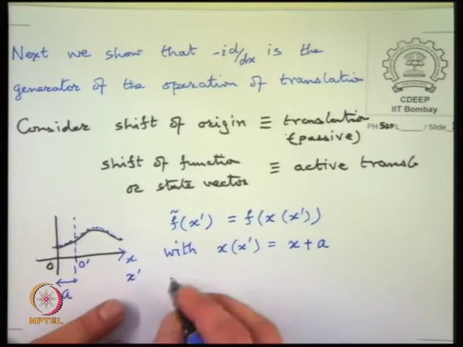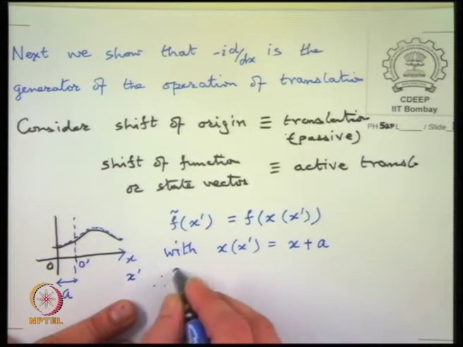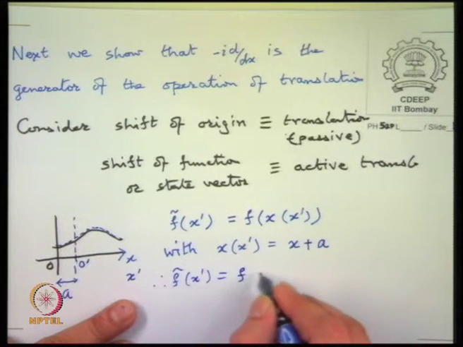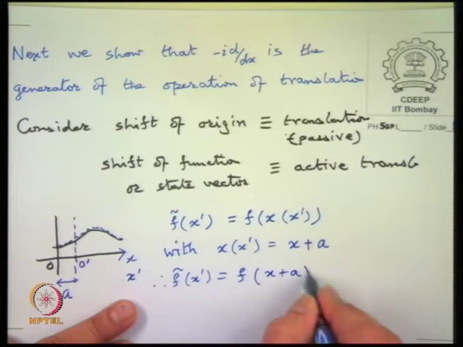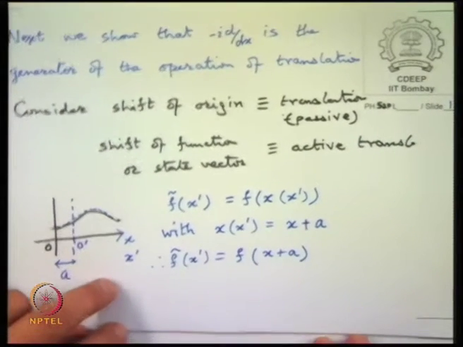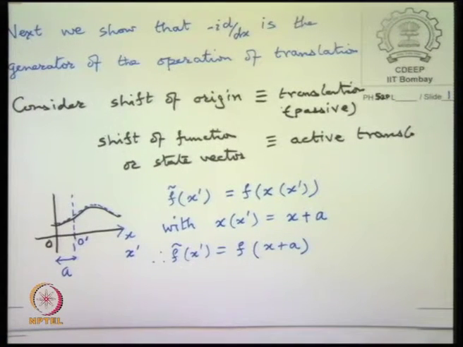So therefore f tilde of x prime is equal to f of x plus a. So this is the operation. This operation could be a symmetry operation, but right now we are not saying it is a symmetry operation for some physical system.